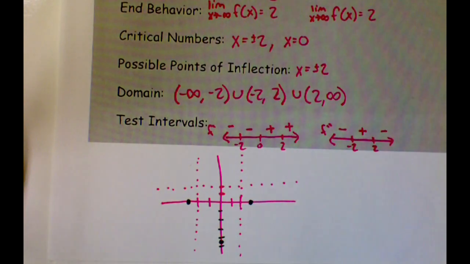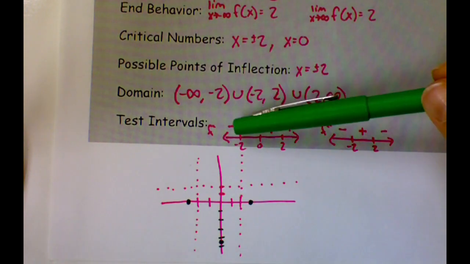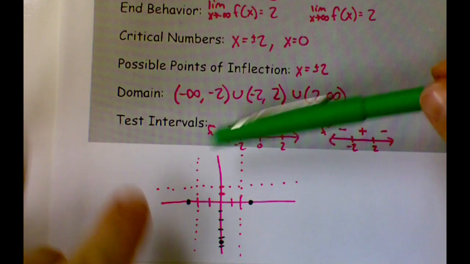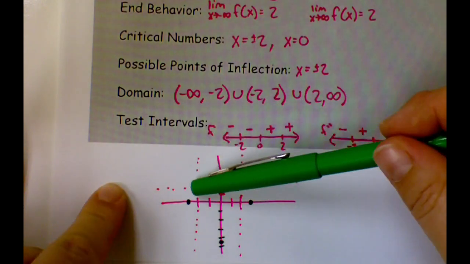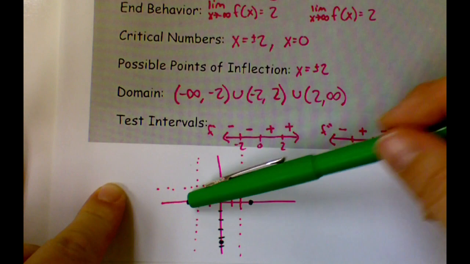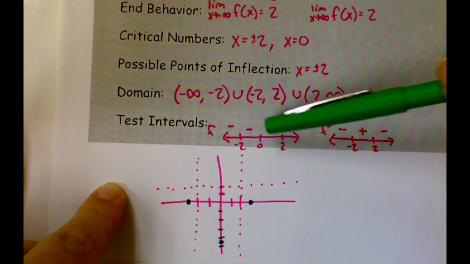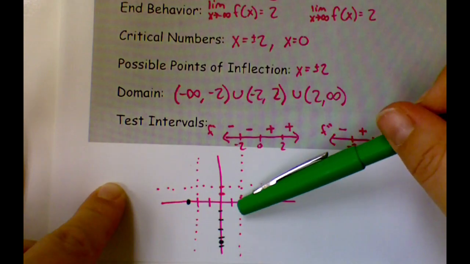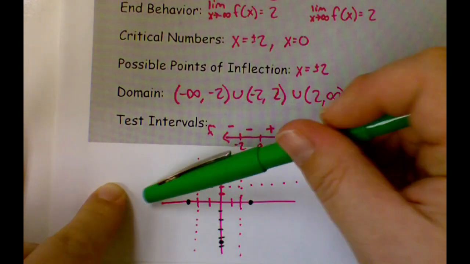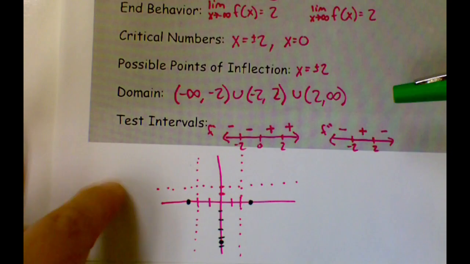All right, this tells me that my function is decreasing from negative infinity to negative 2, and then again from negative 2 to 0. And then it's increasing from 0 to 2 and 2 to infinity. Okay, so we're decreasing, increasing.